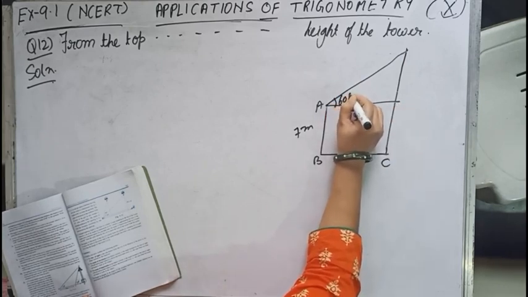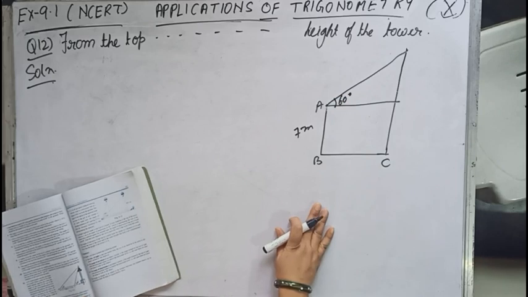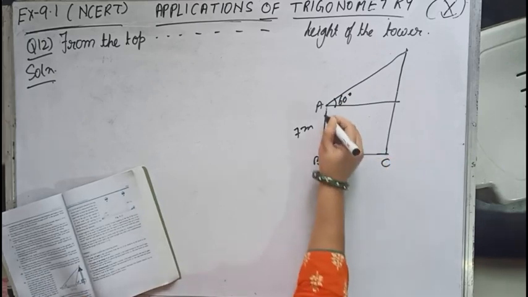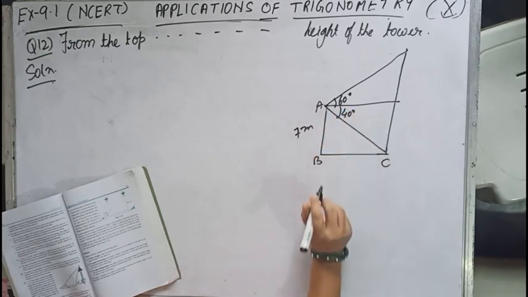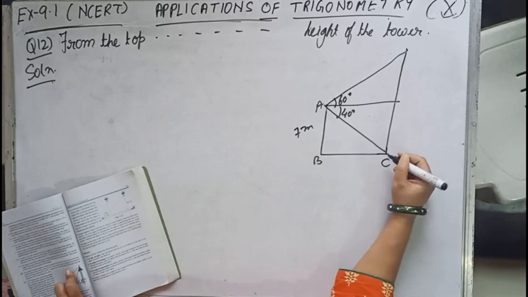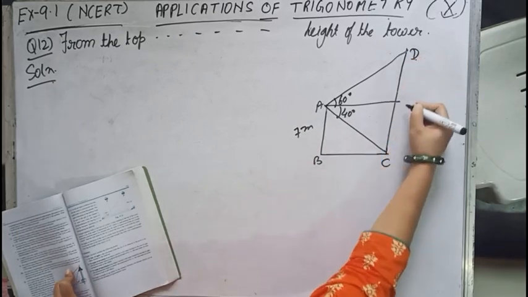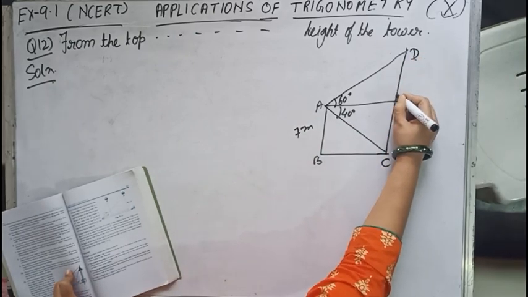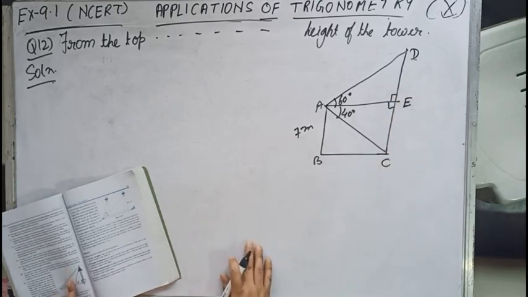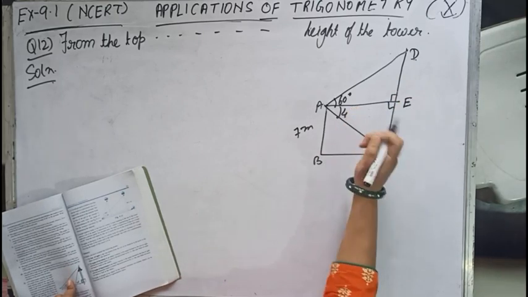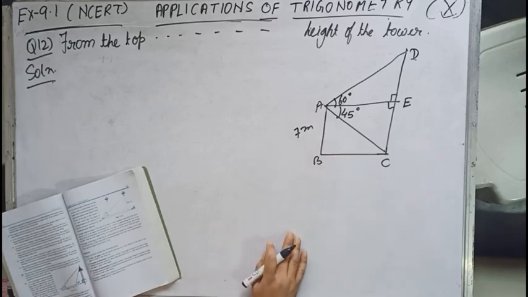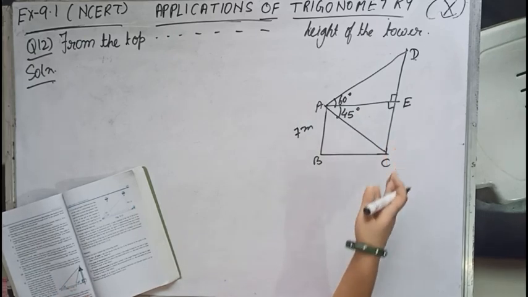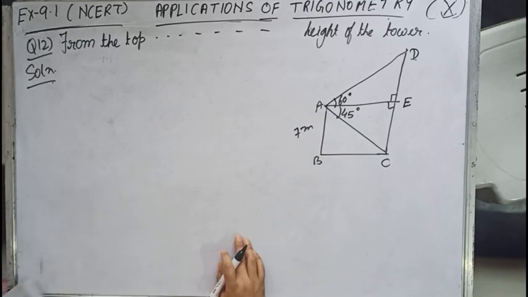So the figure will be somewhat like this, and the angle of depression of its foot is 45 degree. So foot of the tower is this one, so depression 45 degree, depression is downwards. So A, B, C, D, let us name it over here E. This one is 90 degree, 45 sorry, 45 degree. Find the height of the tower. So we have to find the length DC.